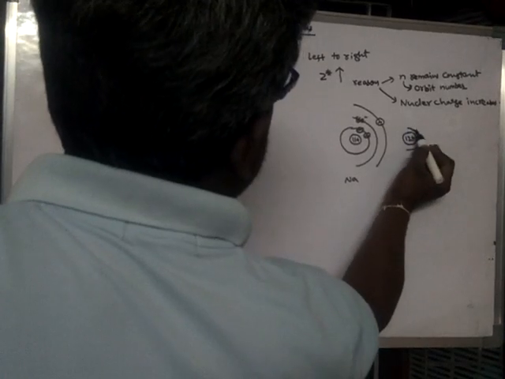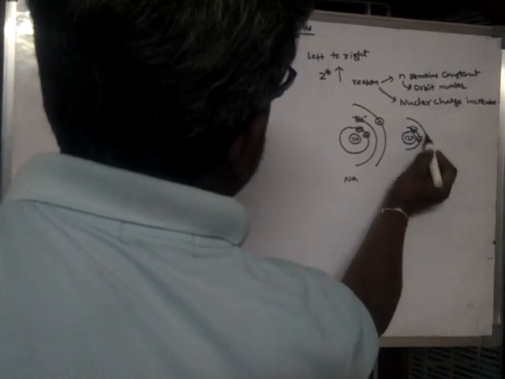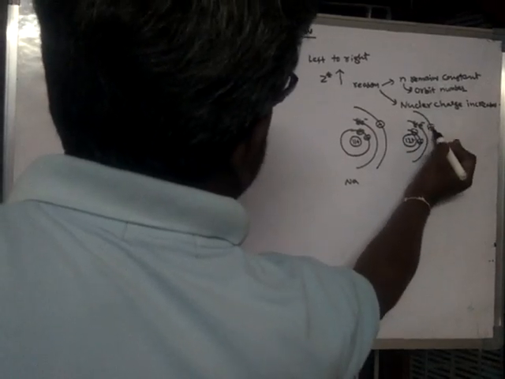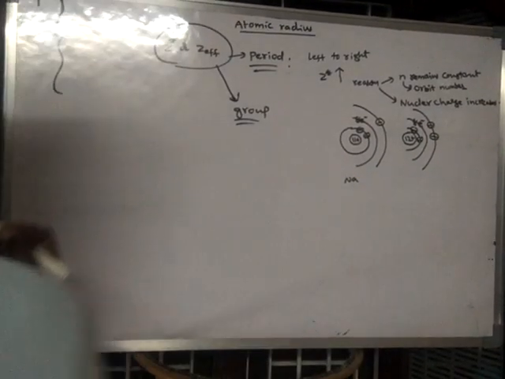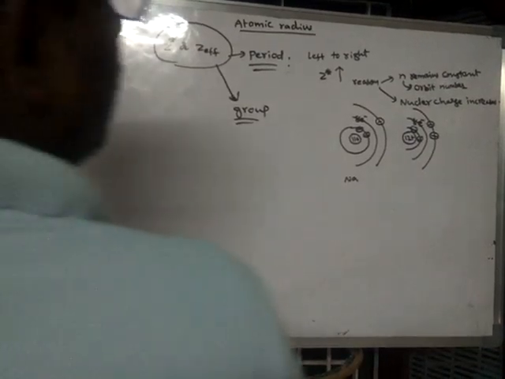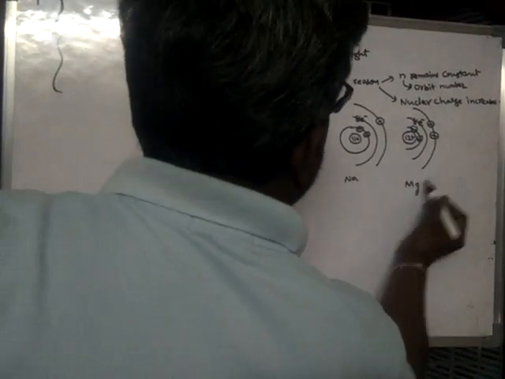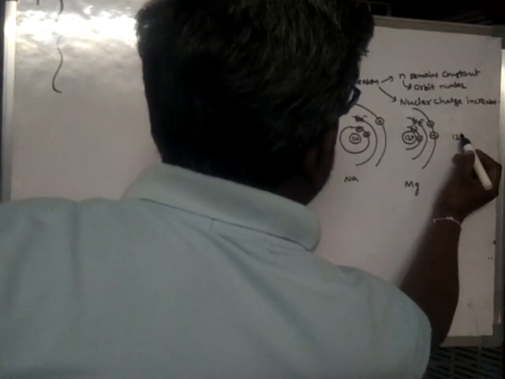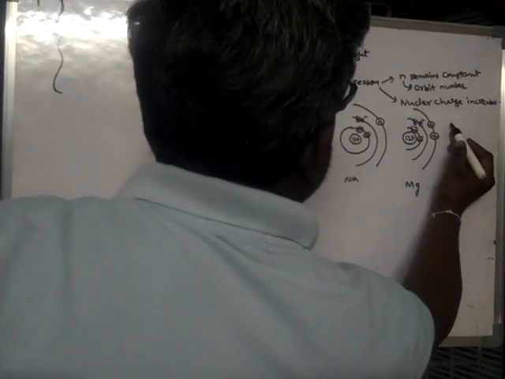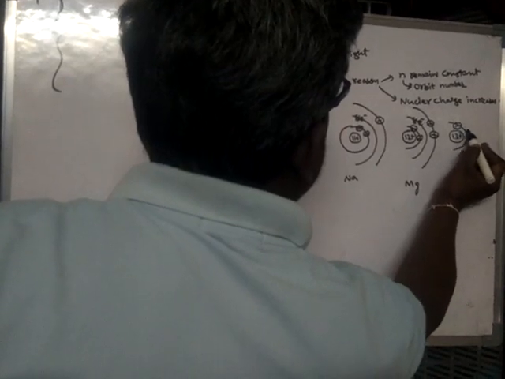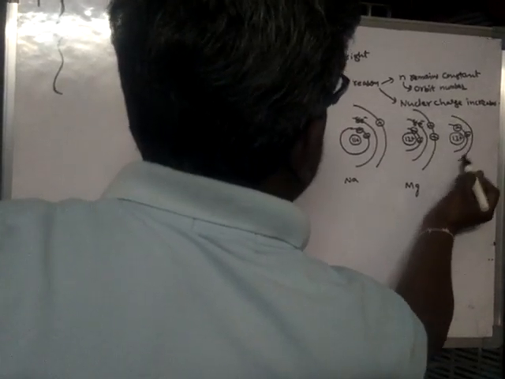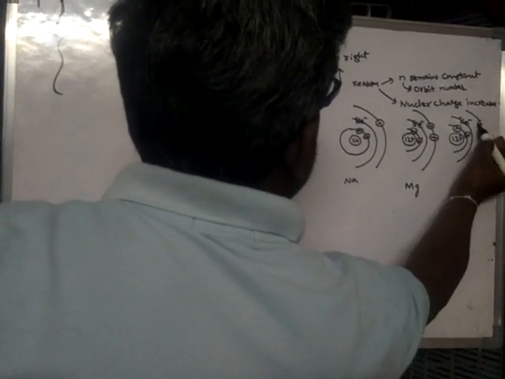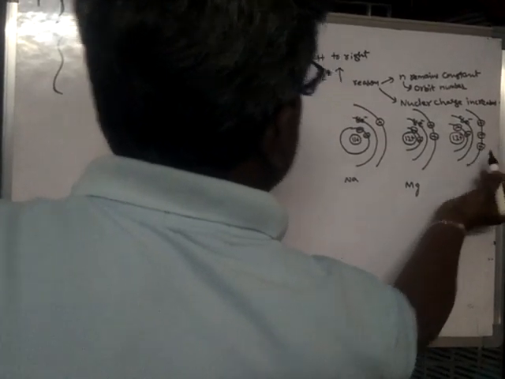So 2 electrons in the first orbit, 8 electrons in the second orbit, and in the third orbit one more electron is added. And in the aluminum atom there are 13 positive charges, with 2 electrons in the first orbit, 8 in the second orbit, and 3 electrons in the third orbit.